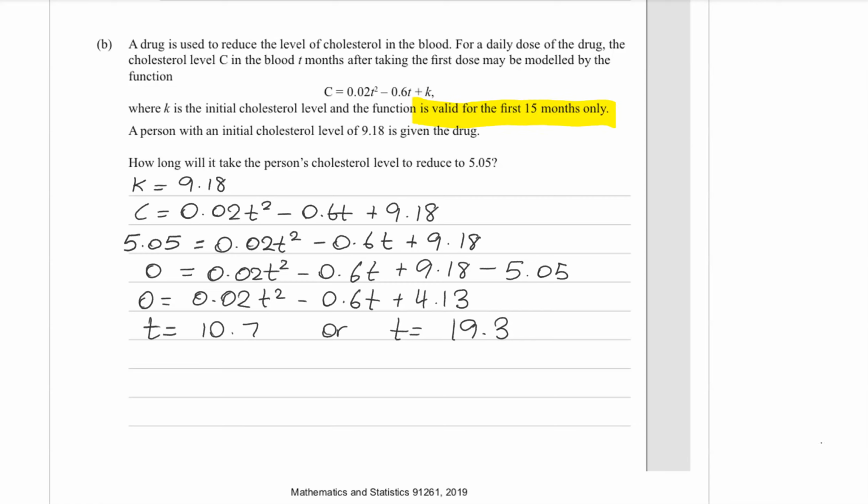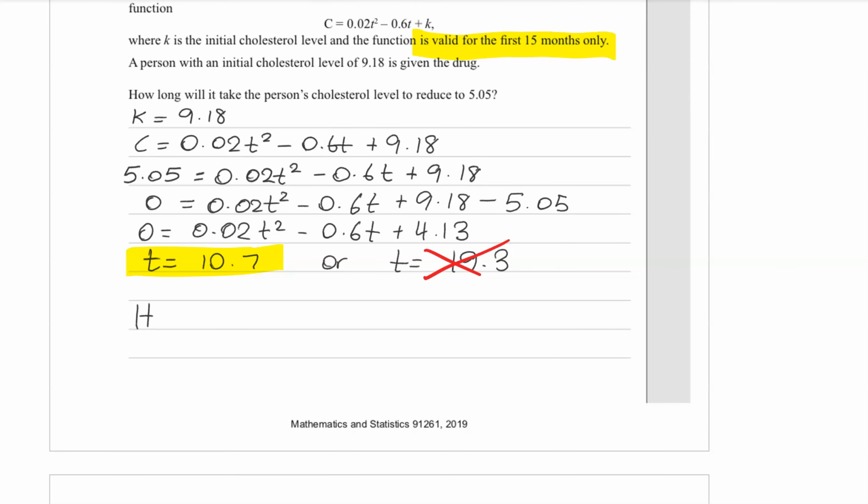So therefore this is not my correct solution, so this is the only solution I have. And I can say that it will take 10.7 months to reduce to 5.05.